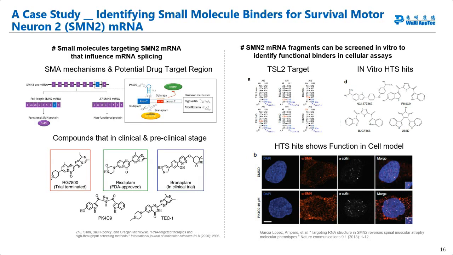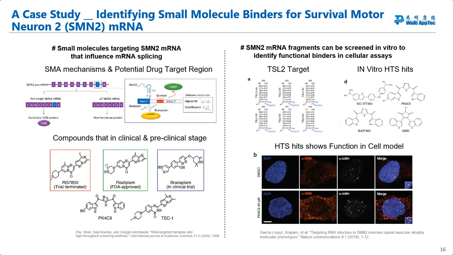The only difference in their coding region is a translationally silent C to T transition in SMN2's exon 7, which results in different alternative splicing, producing an inactive C-terminally truncated SMN protein. Therefore, promoting SMN2 exon 7 inclusion can compensate for the lack of SMN1.